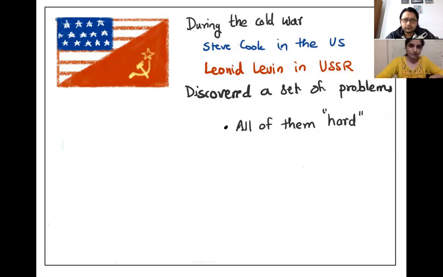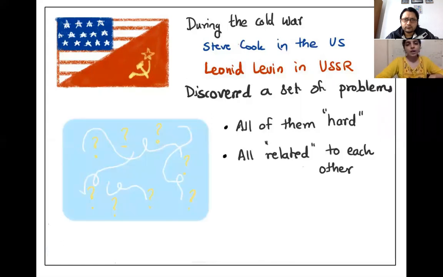Cook and Levin, because they were used to thinking abstractly, noticed that all these problems are hard to compute, but in fact they are all related to each other. It's not happening in a chaotic way. There is some sort of reason or rhyme behind why all of them turn out to be difficult. They are avatars of one another in some sense.